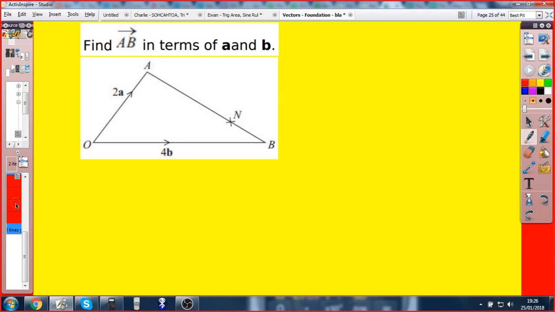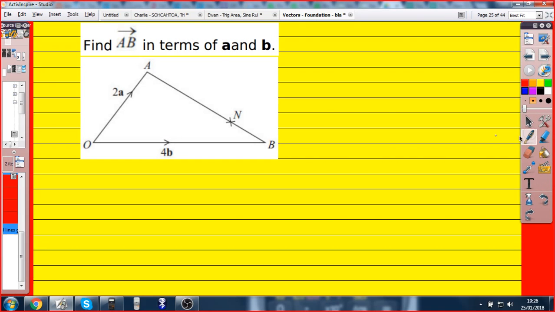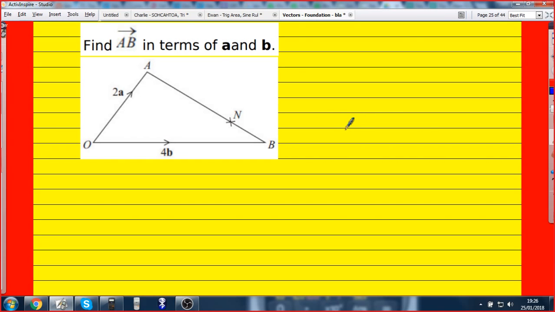Okay, this one. Find AB in terms of A and B. AB is, so you go AO, then you go OB.